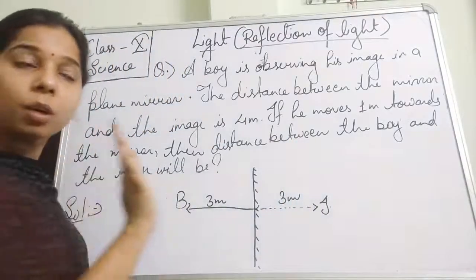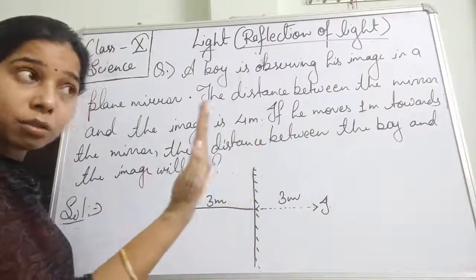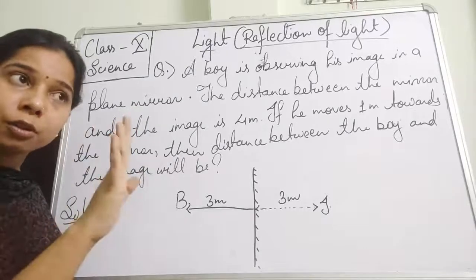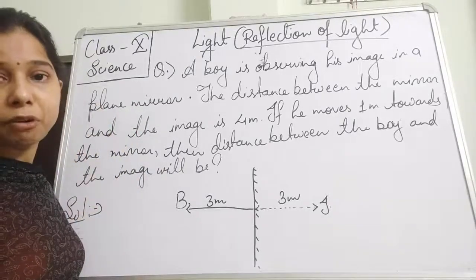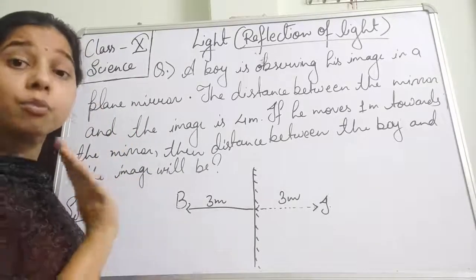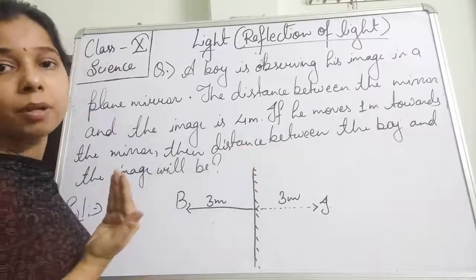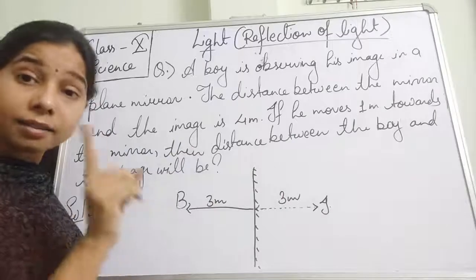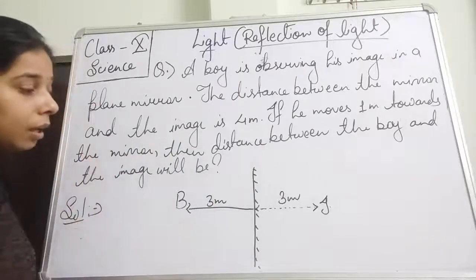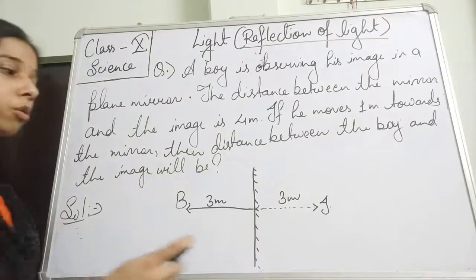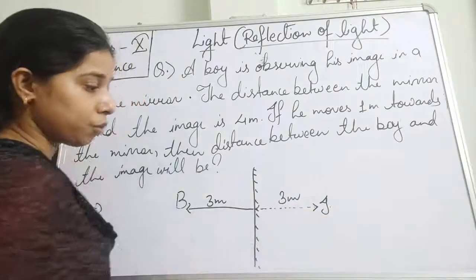As you move very close to the mirror, you have seen that your face also comes towards the mirror. As you move far away, your face also moves far away from the mirror. So as you decrease the distance, the image distance from the mirror also decreases, and at the same rate. So he moves 1 meter towards the mirror, and the image also moves 1 meter. So it is now 3 meter.